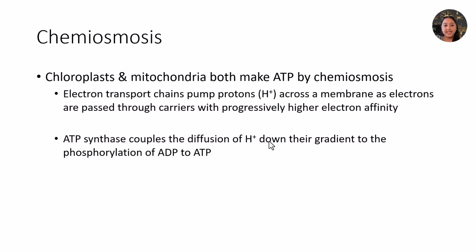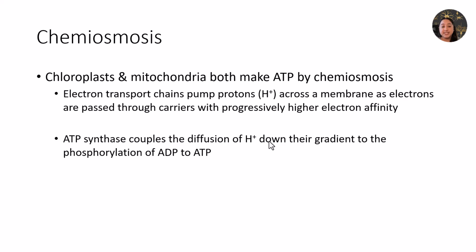So chloroplasts and mitochondria both make ATP by chemiosmosis. In either one, there are electron transport chains that pump protons across a membrane as electrons are passed through carriers with progressively higher electron affinity.